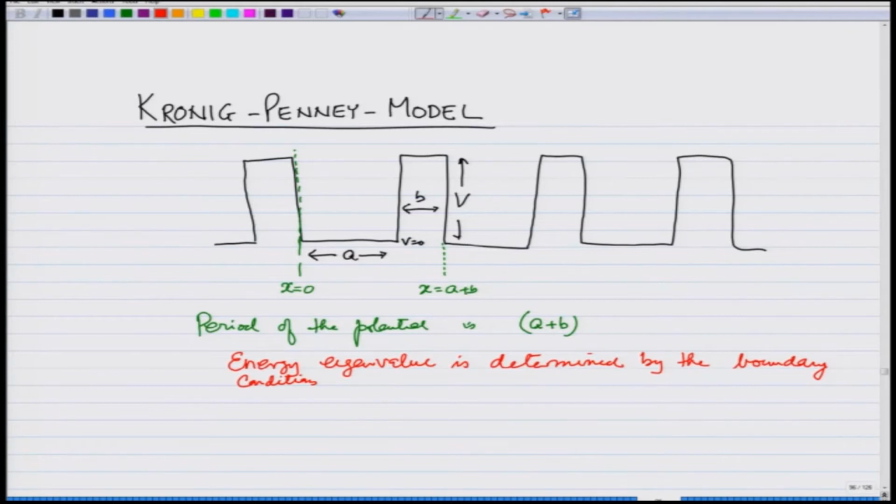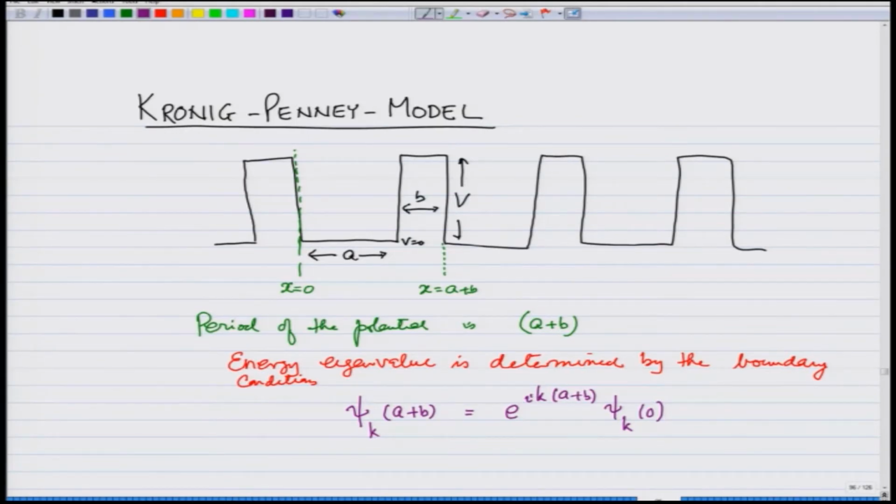So, in this case also we are going to apply the boundary condition. Our boundary condition is going to be provided by the Bloch's theorem. So, what we are going to say is that wave function psi k at a plus b is going to be equal to e raised to i k times a plus b times wave function psi k at 0, and this should lead to the energy eigenvalue as I am going to show now.